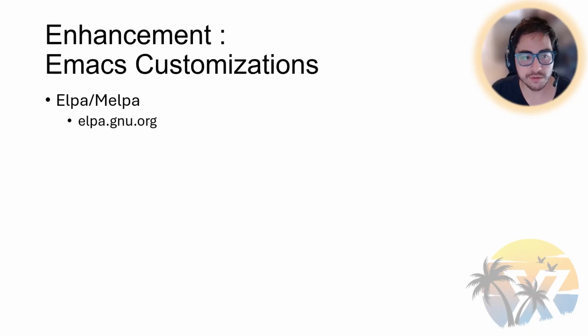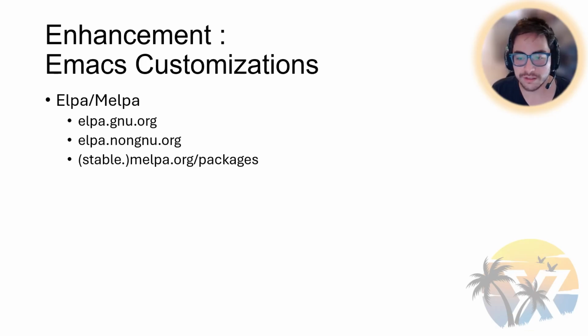There's also, alongside that, the non-GNU maintained repository, which is integrated into the default packages list since Emacs 28. And in addition to that, there is MELPA, which is a community-driven repository of Emacs Lisp packages.